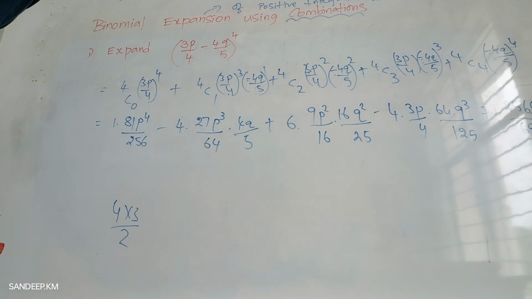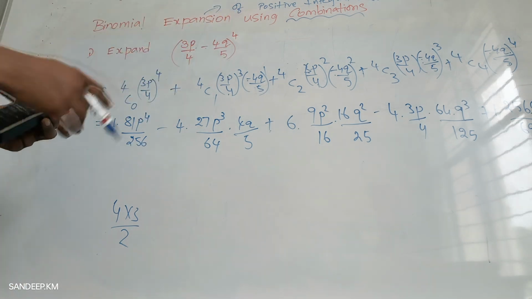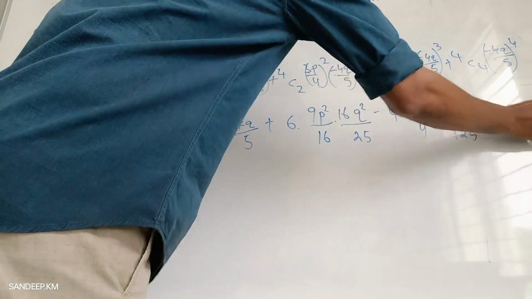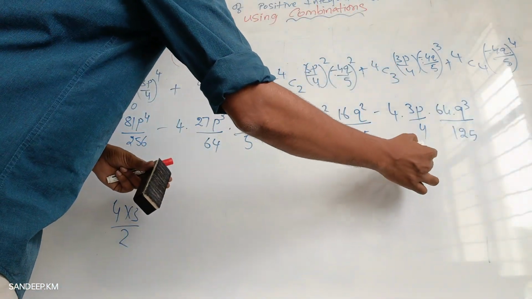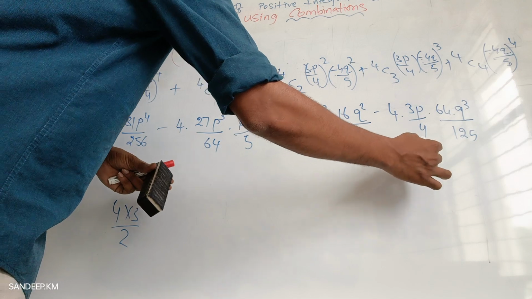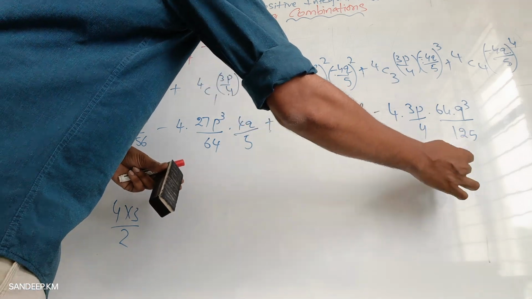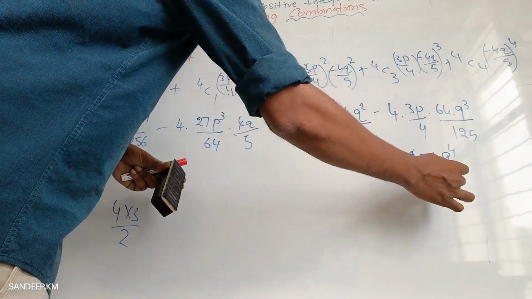I think that particular term is not visible, so let me write that here. So plus 1 into 4 power 4 is 256 into q power 4 divided by 625.